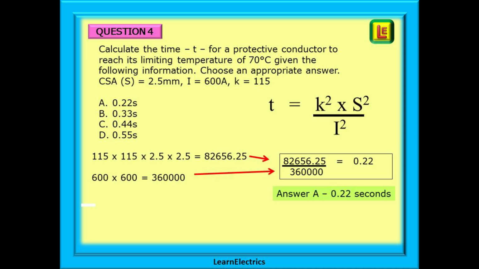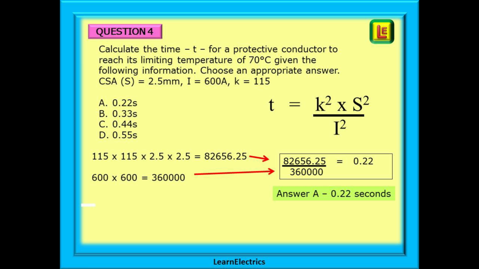You should have 115 times 115 times 2.5 times 2.5 to give 82656.25, and 600 times 600 gives 360000. Divide one by the other and we have 0.22, and we should choose answer A, 0.22 seconds.